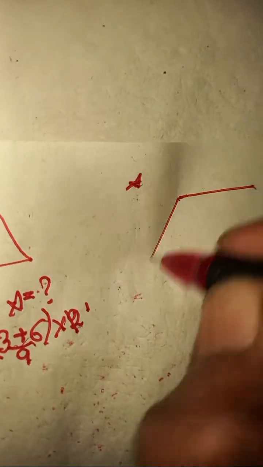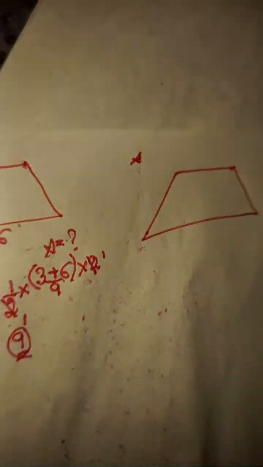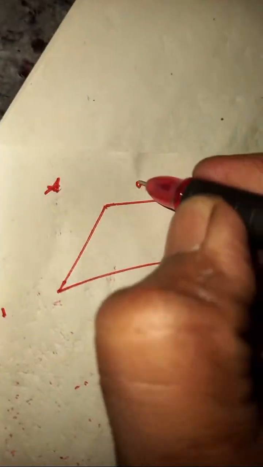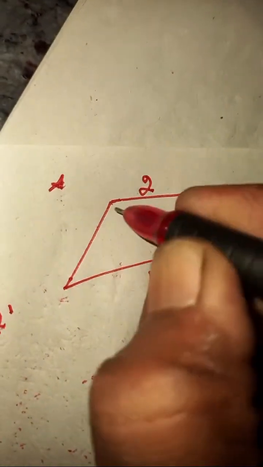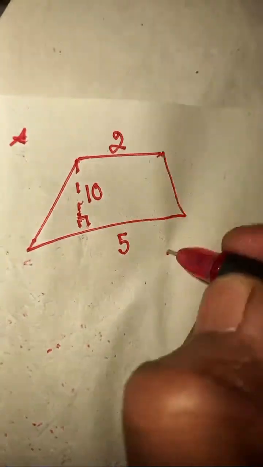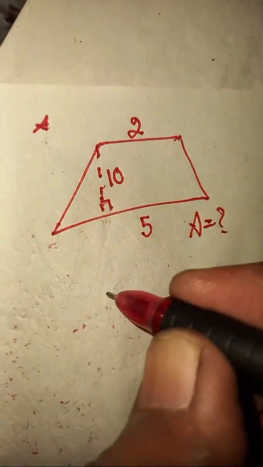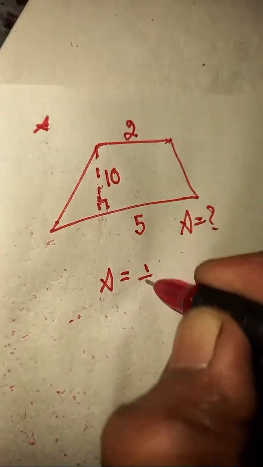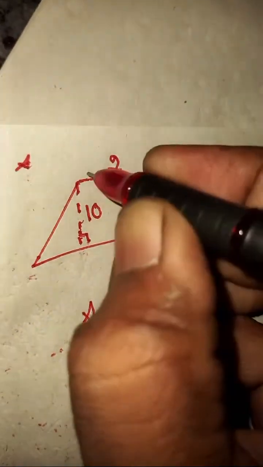And let's take one more trapezium. In this trapezium they are giving this one as 2 units, this is 5 units, and the perpendicular height becomes 10 units. Now find out what's the area. Area of this trapezium is half times the sum of parallel sides.